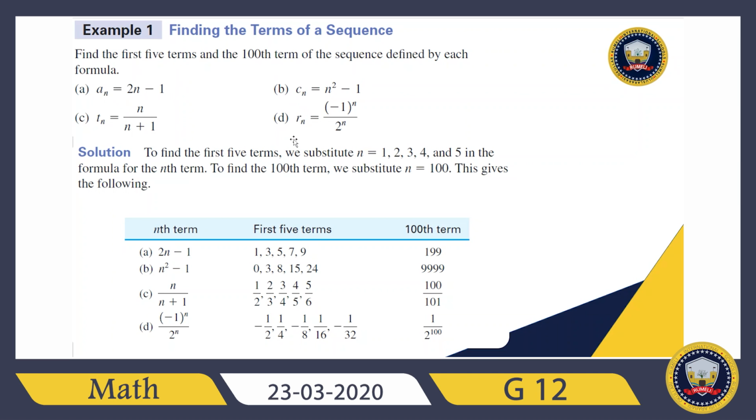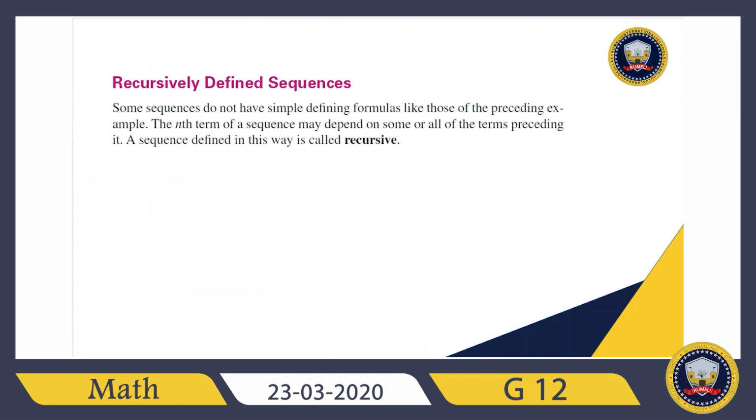But we have a different type of sequences, where each nth term depends on the previous ones. We call this type of sequences recursively defined sequences. Let's take a look at these types of sequences.